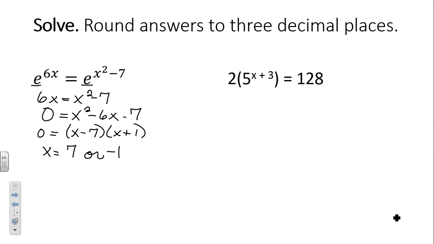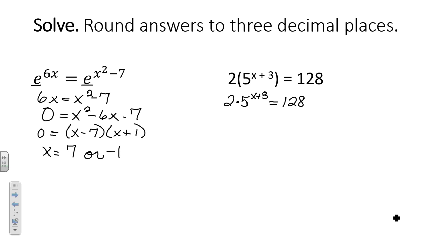Now we have 2 times 5 to the x plus 3, and that's equal to 128. How are we going to solve something like that? Okay, we would like to distribute that 2, but if we do that, it'd still be a 2 times a 5 to the x plus 3, because they're not like terms.